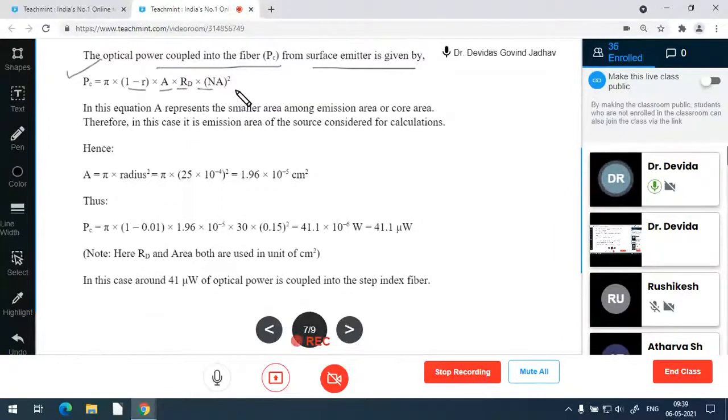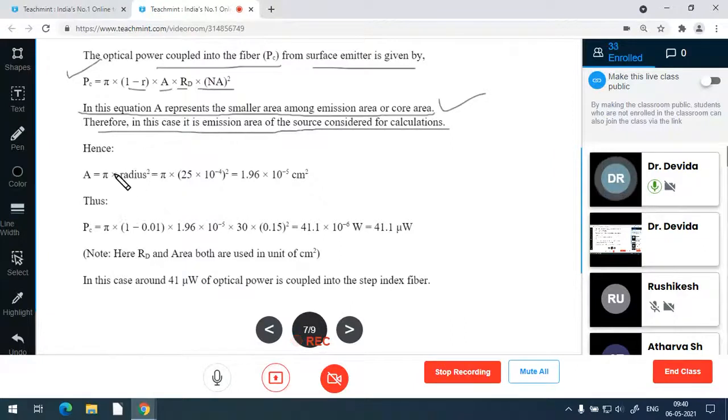RD is given, NA square is given. RD is the radiance and NA is the numerical aperture. In this equation, A represents the smaller area among emission area or core area. So we will take the smaller area. Therefore, in this case, the emission area of the source is considered in the calculation because the emission diameter is lesser. So area equals pi into radius square.